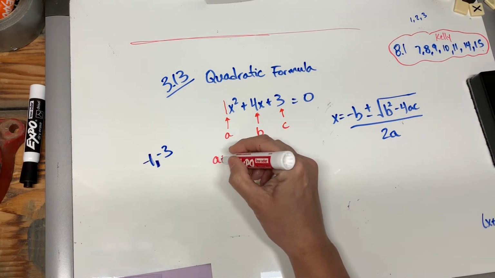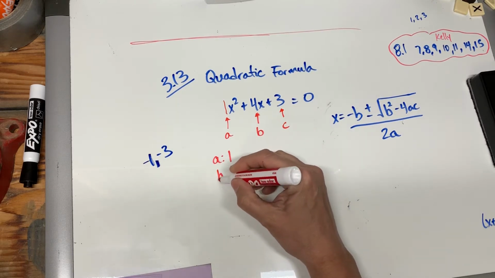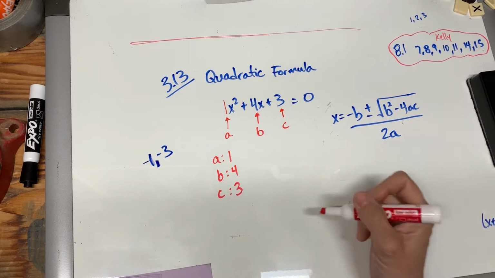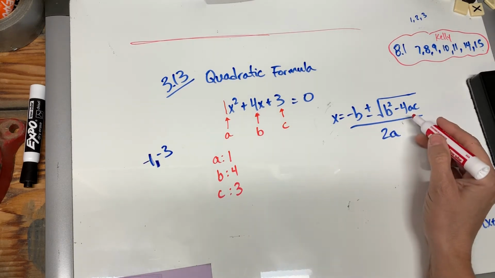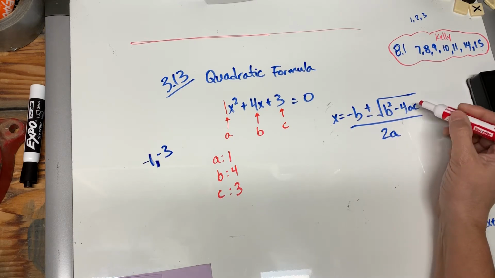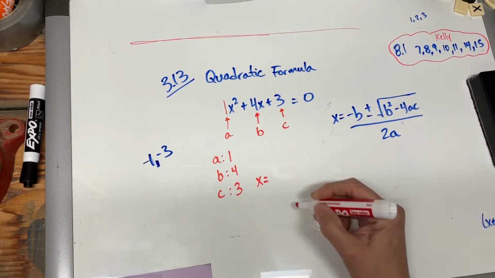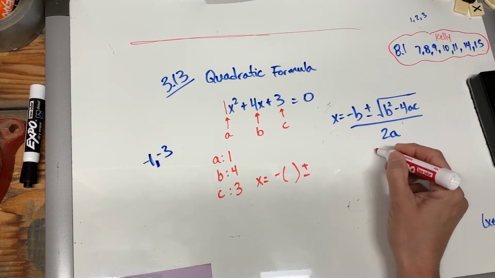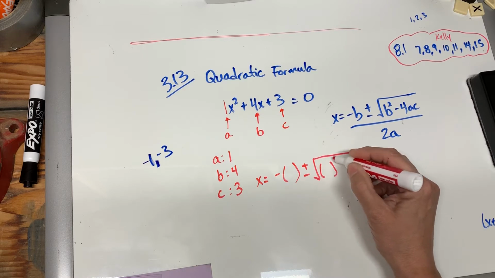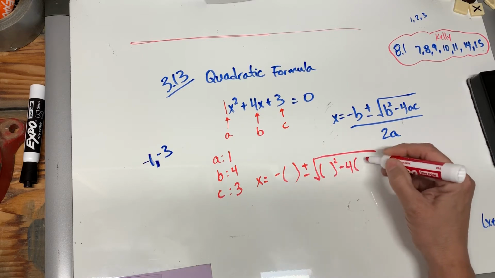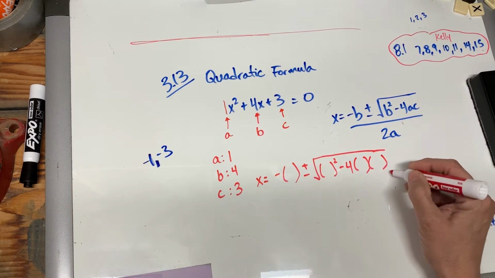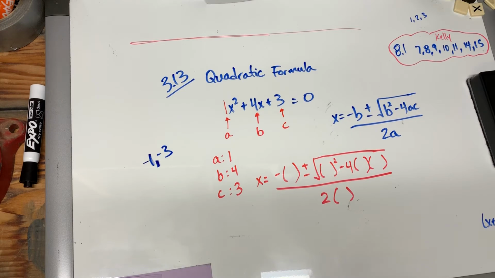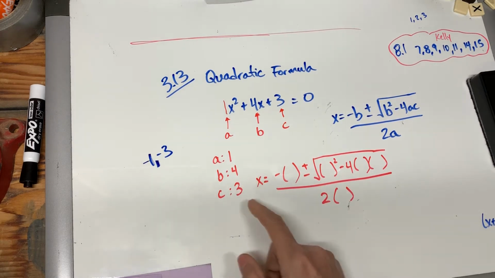So I would label a is 1, b is 4, c is 3, and then my recommendation is that you put empty sets of parentheses for all of your letters over there. So x equals -b plus or minus the square root of b squared minus 4 times a times c, all over 2 times a, and then insert the values for a, b, and c.